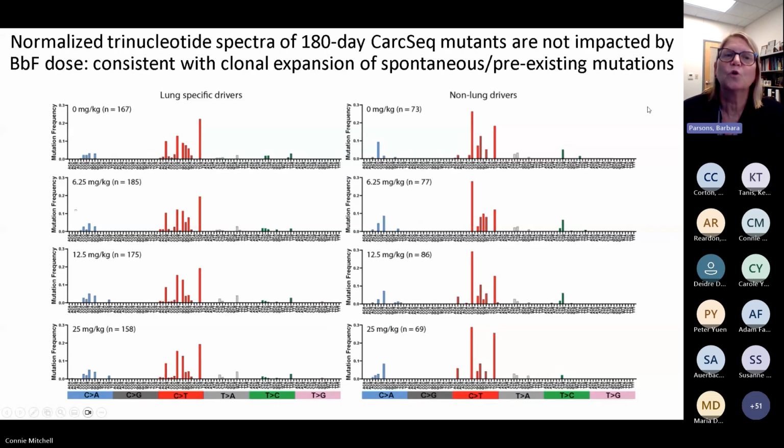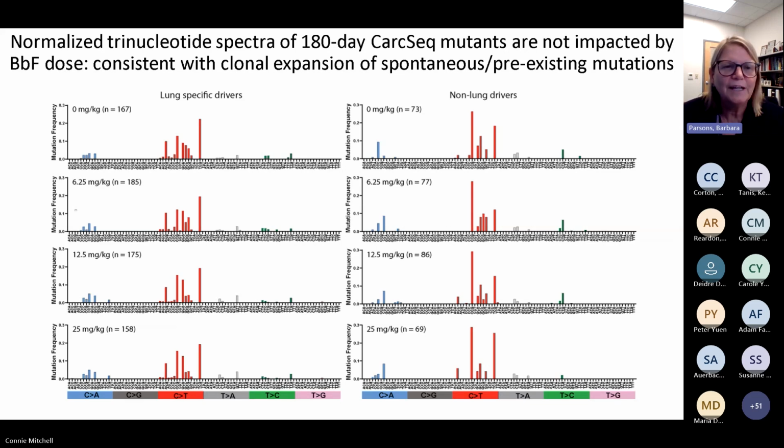This is the normalized trinucleotide mutation spectra from the mutations recovered in mice treated for 180 days. It's stratified by lung-specific drivers on the left and non-lung sequences on the right. The control is on the top and the high dose is on the bottom.